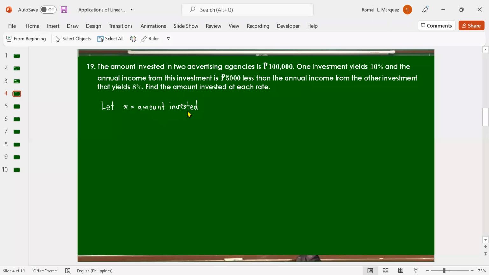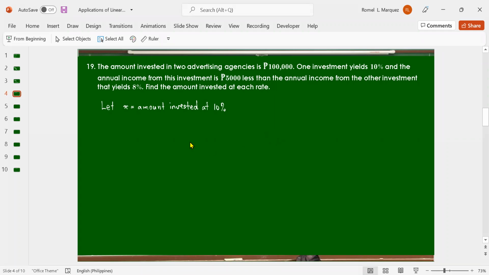So again, X amount invested at what rate? 10%. Okay, guys? And the annual income from the investment is 5,000 less than the annual income from the other investment that yields 8%.